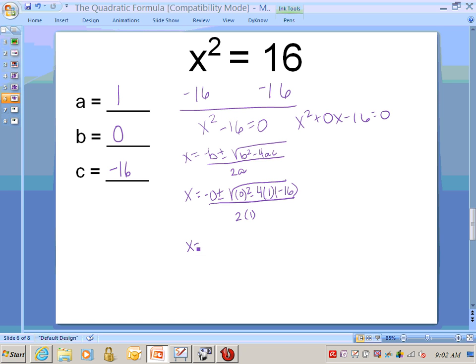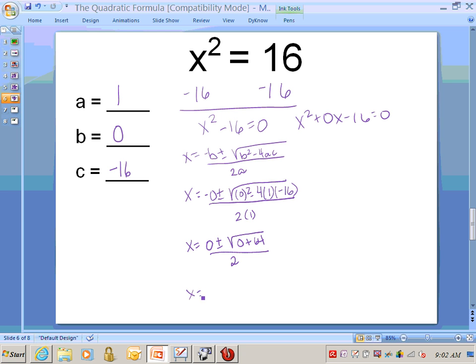So x equals, not negative 0 anymore, 0 plus or minus square root. Why is it negative? Does it matter? It's 0. 0 and then what? Plus 64, all over 2.